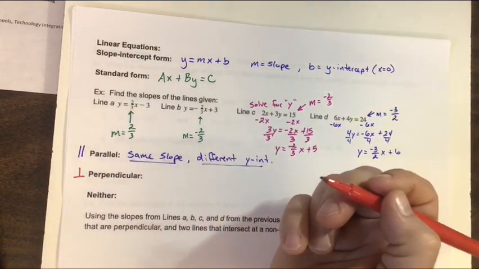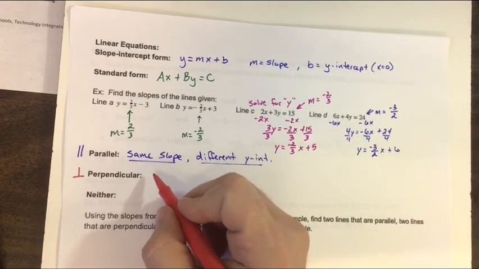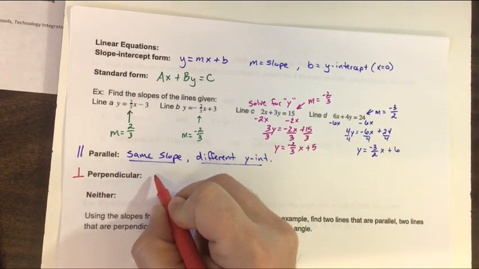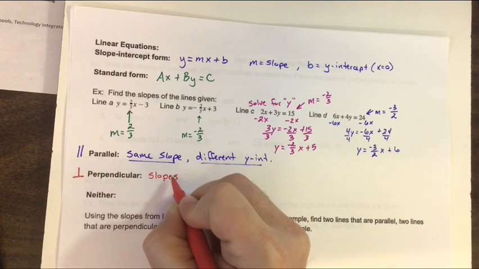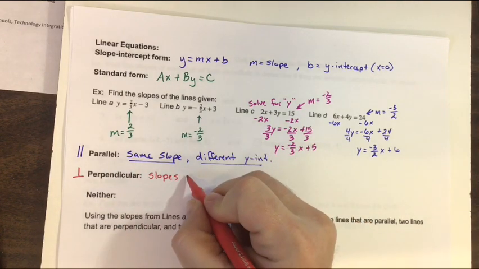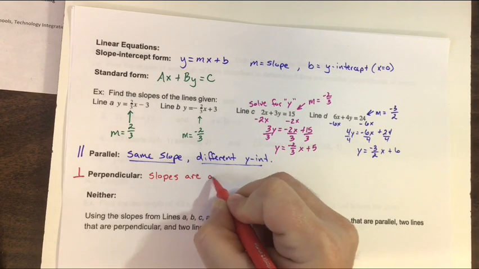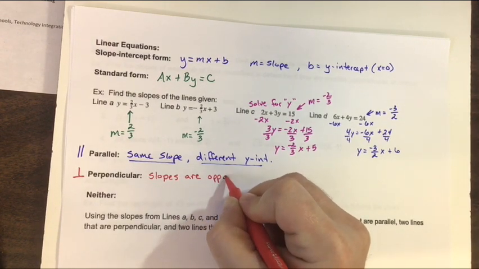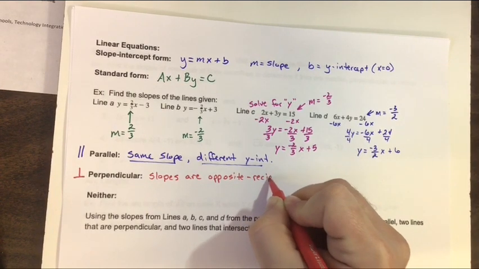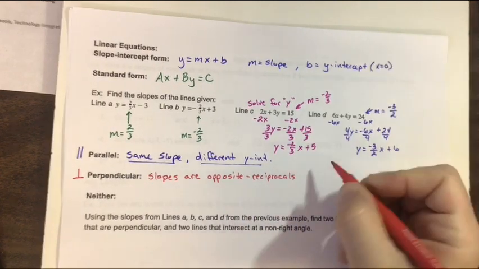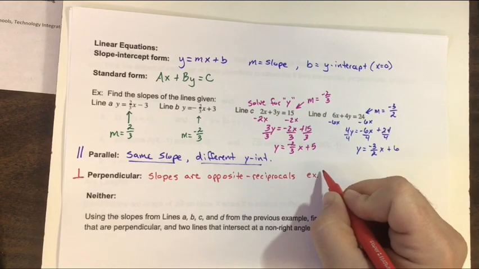Well, again, their slopes are going to tell us that. We are going to say that the slopes of perpendicular lines are opposite reciprocals. And I'll give you an example.